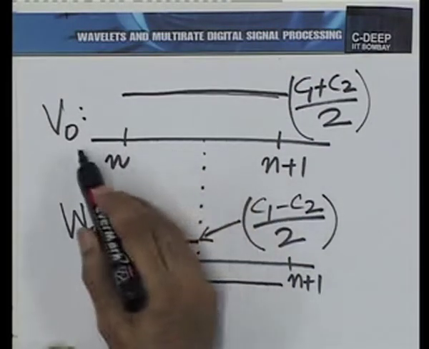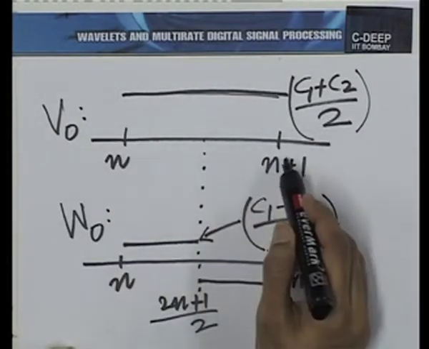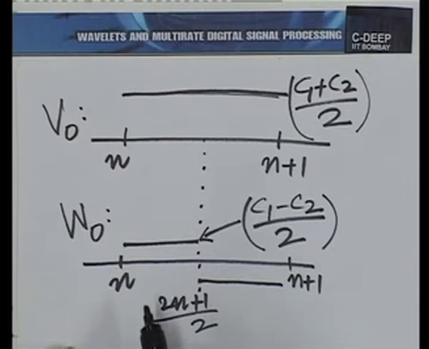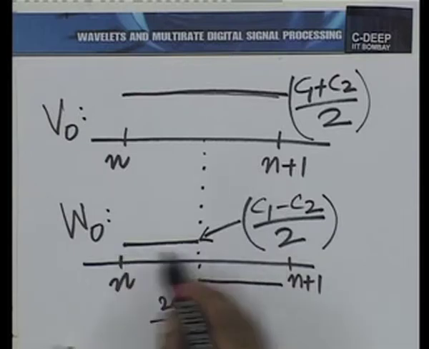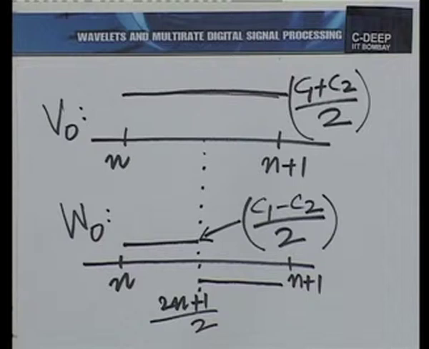is equal to the sum of this function, C1 plus C2 by 2 on the entire interval, belonging to V0, plus this function belonging to W0, which is C1 minus C2 by 2 on the first half interval and the negative of the same thing on the second half interval.